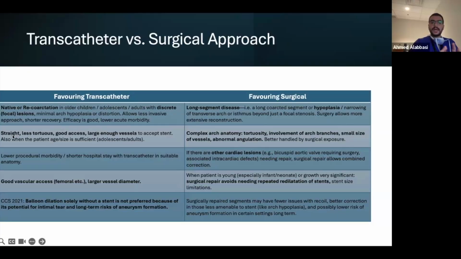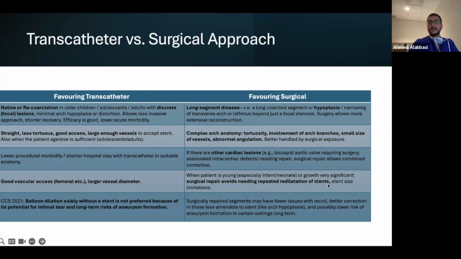If it is less tortuous, with good access and large enough vessels to accept the stent, you would favor transcatheter. If there's complex arch anatomy, tortuosity, involvement of the arch branches, or small vessels, then this would be better handled surgically. If there's good vascular access, as for example with femoral, or a large vessel diameter, favor transcatheter.